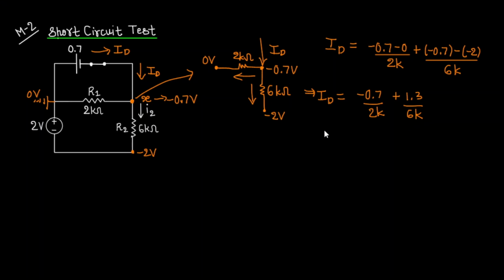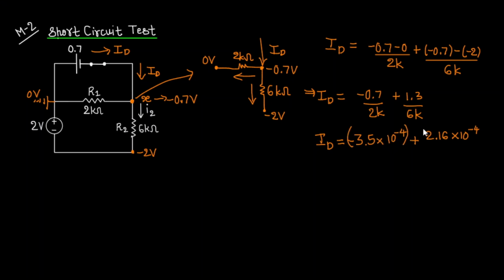This 1.3 by 6K is 2.16 into 10 power minus 4. And this minus 0.7 by 2000 is minus 3.5 into 10 power minus 4.